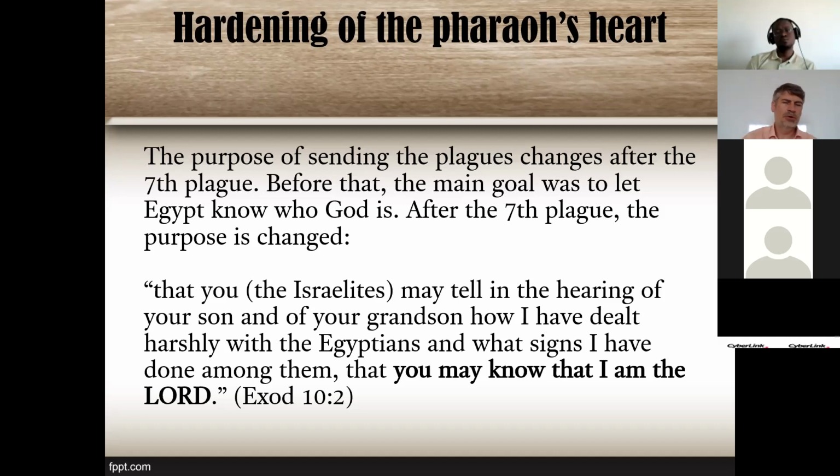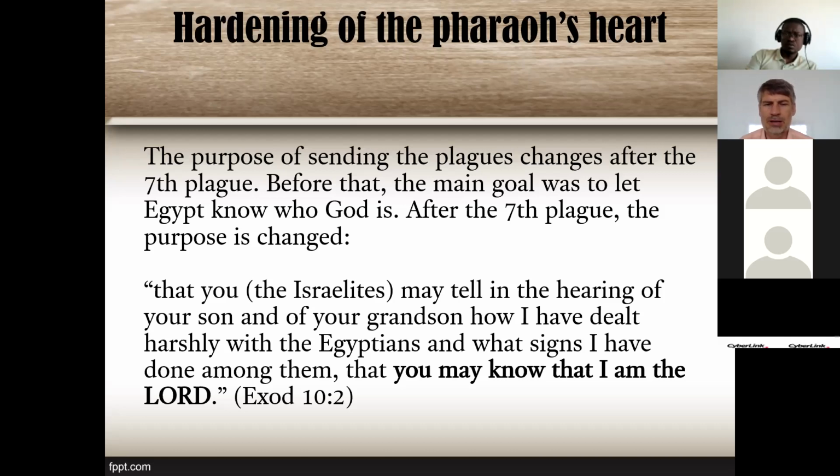It is probably hard to imagine that in such a country as Egypt, some officials came to Pharaoh and started dictating to him what he is supposed to do. Evidently, the Egyptians already understood who God is.